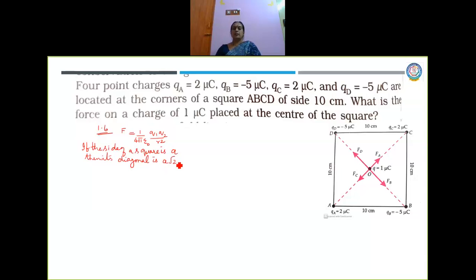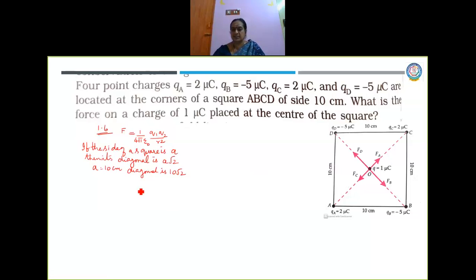So according to this, the side of the square is 10 centimeter, right? So A of the given square is 10 centimeter. So the value of the diagonal will be 10 root 2, right? But I don't want the diagonal, I want half of it, because diagonal is 10 root 2, so what is AO?